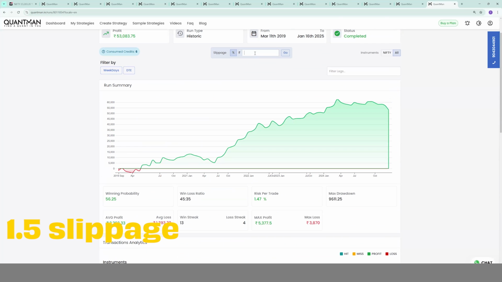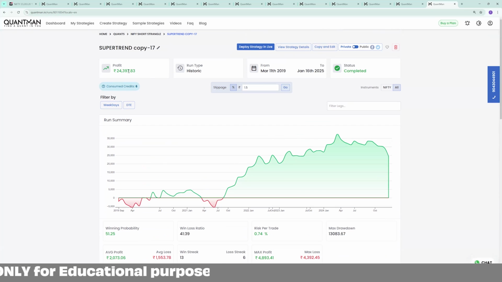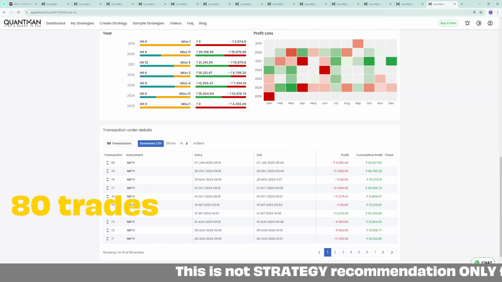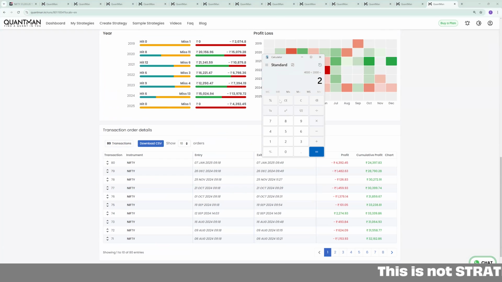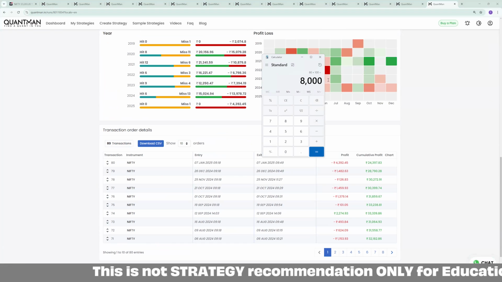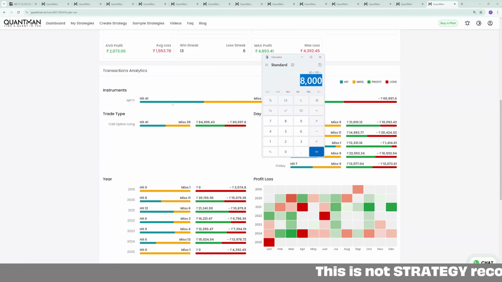If you give 1.5% slippage for options, it reduced to 24,000 with 80 trades, which means 80 transactions. So 80 into 20, 40, around 100 rupees is the brokerage and charges I am using. It goes to 8,000. Okay.